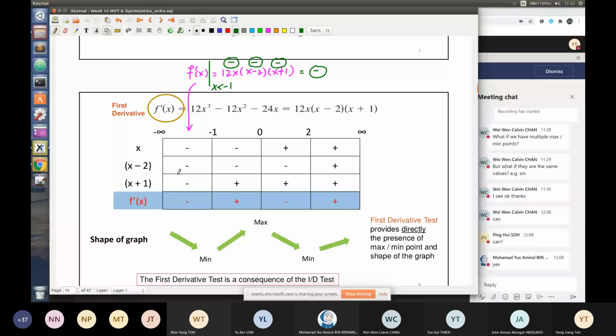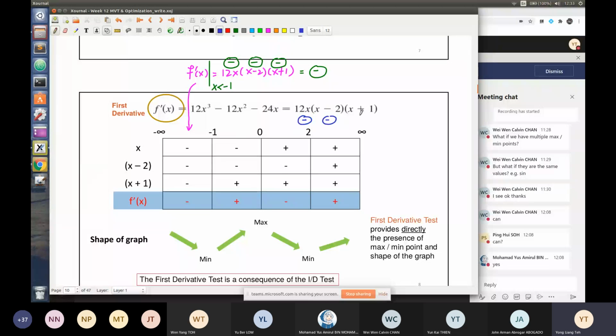Is that okay? So what about -1 to 0? Maybe let's do another one. For -1 to 0, you can observe that this guy is going to be still negative. Then this guy is going to be what? So this is actually negative, negative, minus, minus again. So therefore, this is also going to be negative.